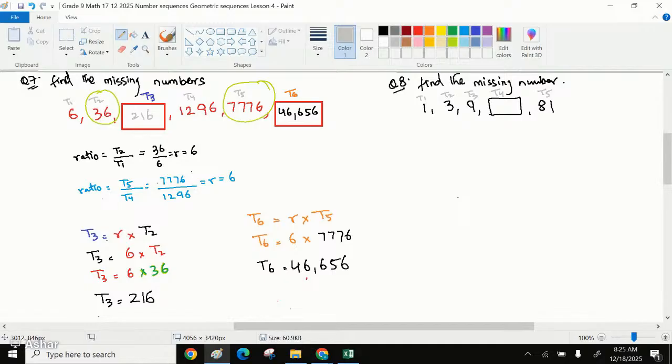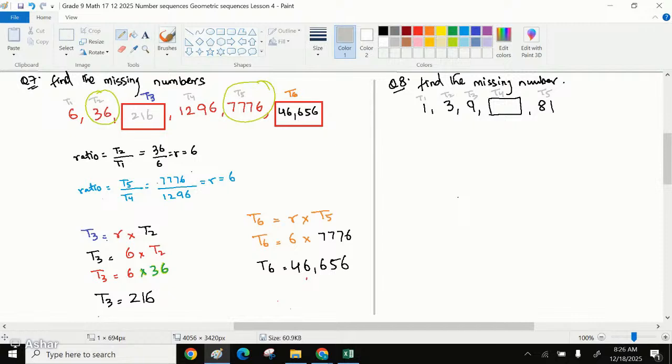So how can we understand the sequence? What is the first thing that we need to do? How can we find the pattern of the sequence? There must be a way to find the pattern, right?